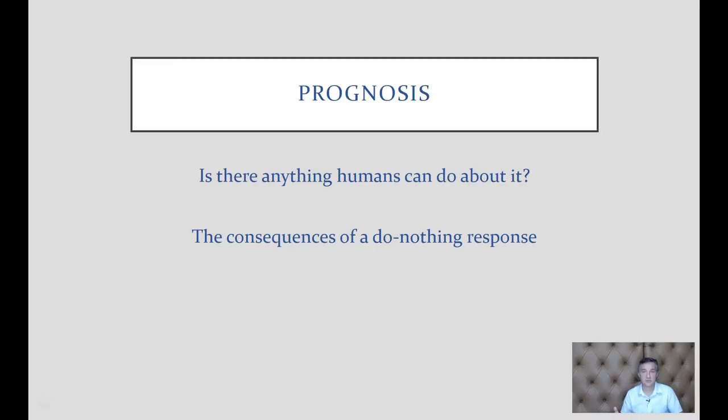Okay, so then the human predicament also talks about the prognosis. So, what can we do about it? And so each religion is going to have something to say about that as well.